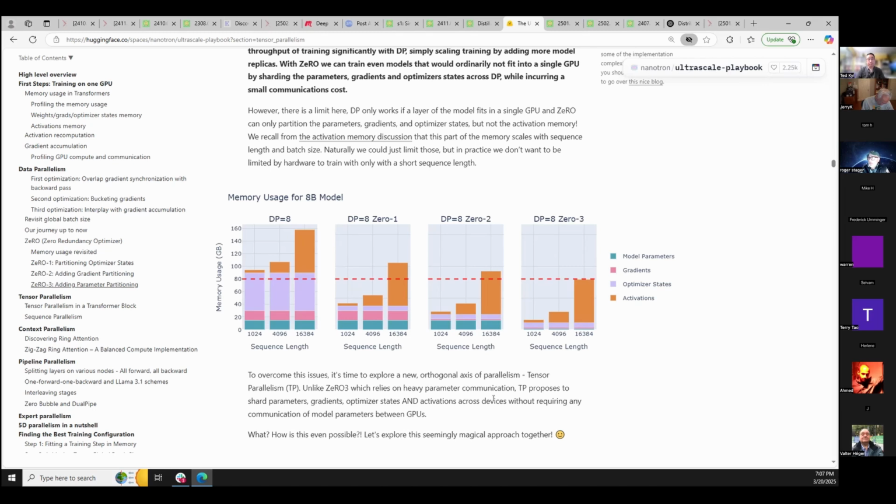Is NVLink architecturally limited to 8 nodes, or is it just typical? Somebody else might be able to answer that question. My understanding is you can't just daisy chain these things, so you can't just go to 16, go to 32.